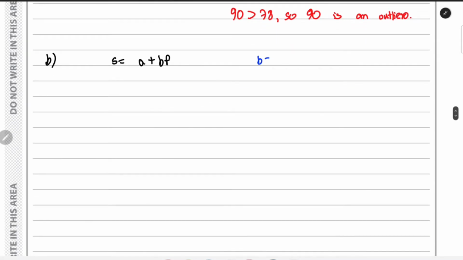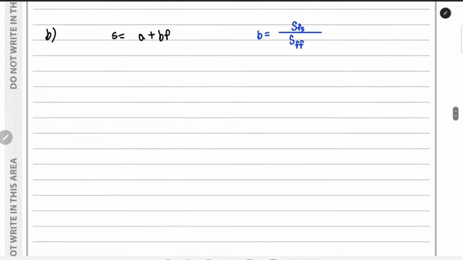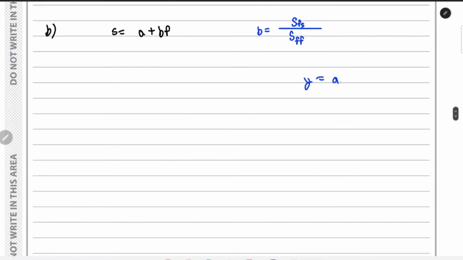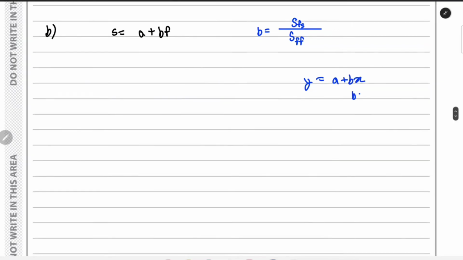B will always be, in this case, Sfs by Sff, because f is the independent variable. If you write the equation like y equals a plus bx, the usual form, then b would be Sxy by Sxx.